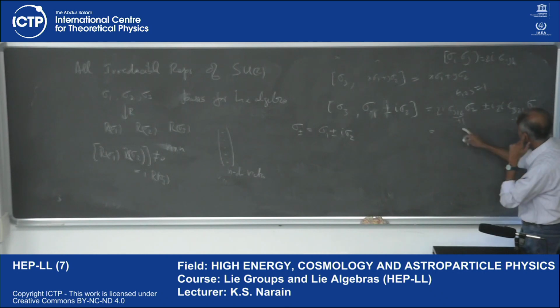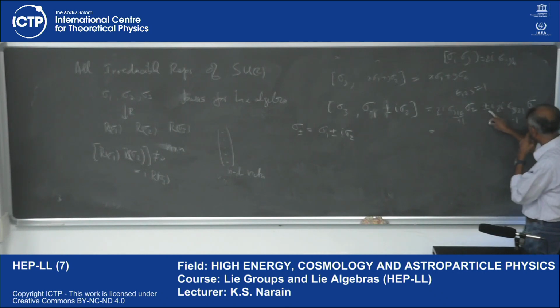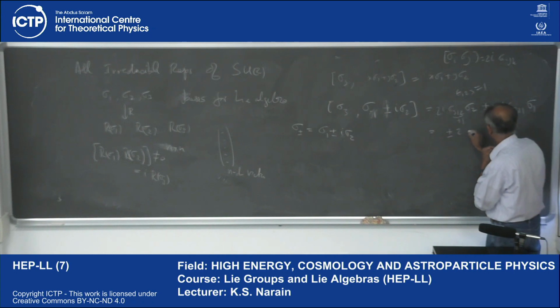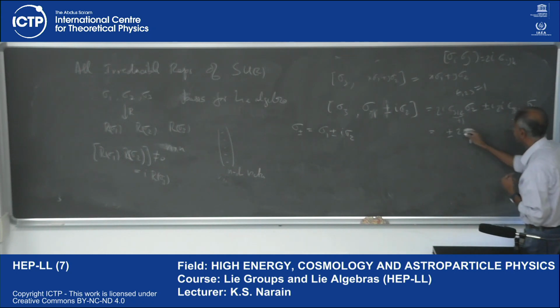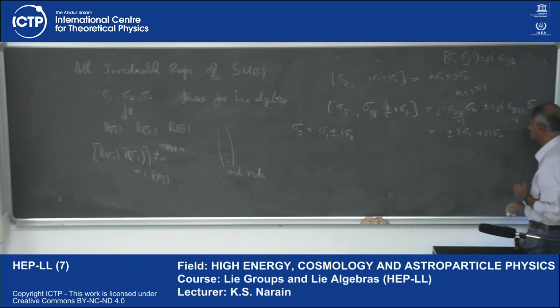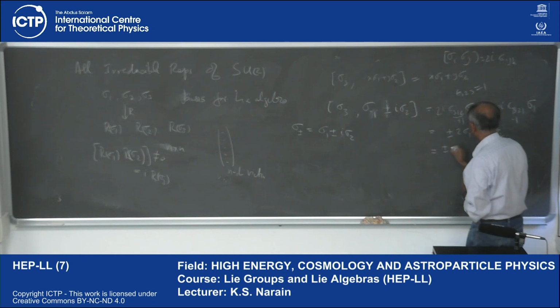So you get here i times i is minus, plus. So you get here plus minus 2 sigma 1, and here you get plus 2i sigma 2, which I can write as plus minus 2.